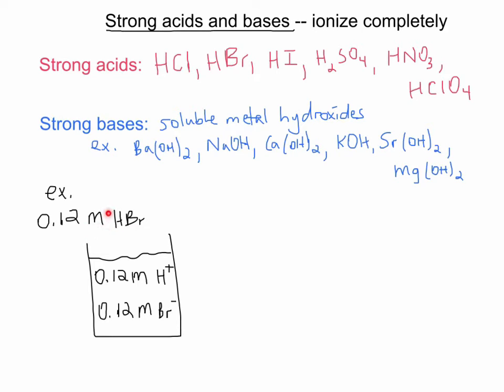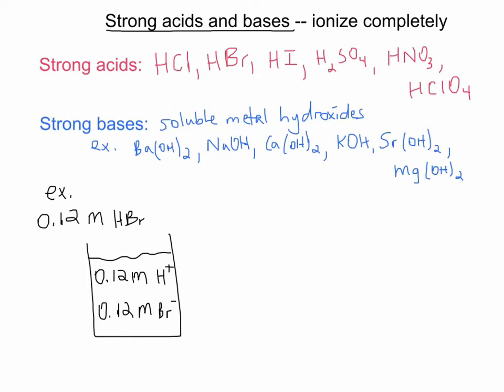Molar stands for moles per liter, so it's the amount of moles of HBr per liter of solution. That's just a little background on solution chemistry. When you put it in water, the ions are going to separate into H+ and Br-.